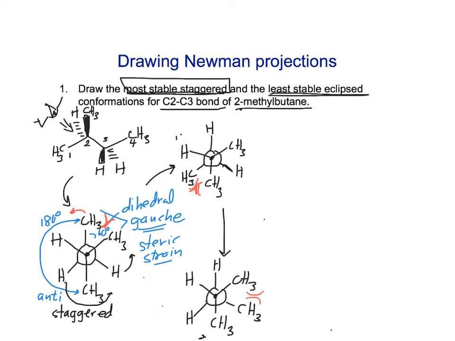Here's a gauche interaction, and here's a gauche interaction. So, for these three, this one down here is going to be the highest energy, or it's going to be the least stable. And these two here would be the same energy because they both have only a single gauche interaction. So either of those two structures could be drawn as the most stable. So let's just say here most stable or most stable.